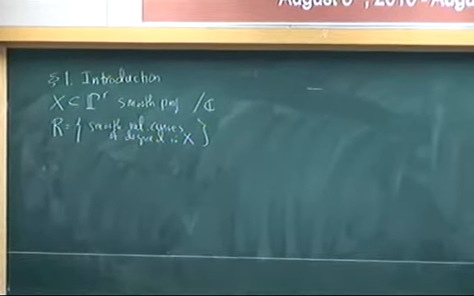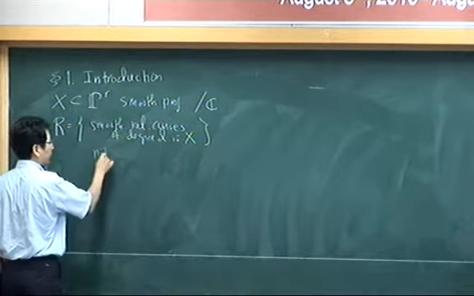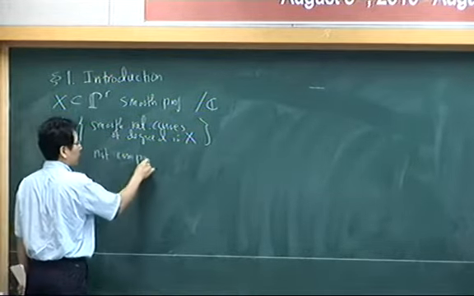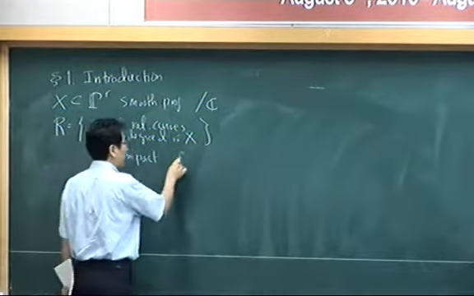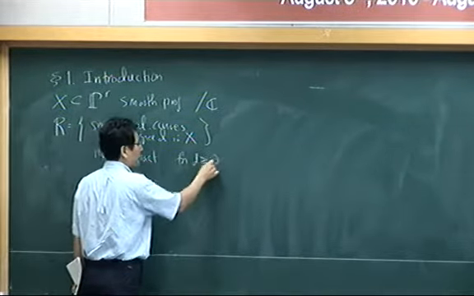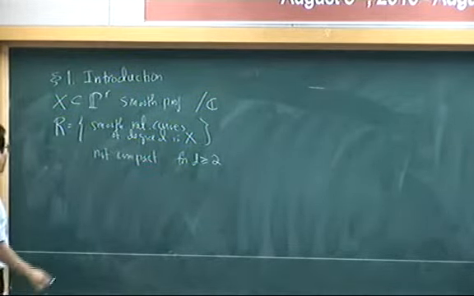So as most of you know, this is not compact, even for nice spaces like projective spaces, for degree D greater than or equal to 2. And there are millions of reasons to ask for a compactification of this space.